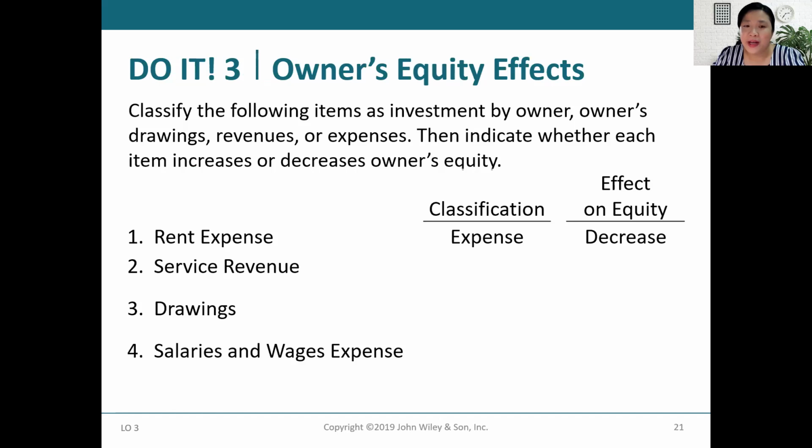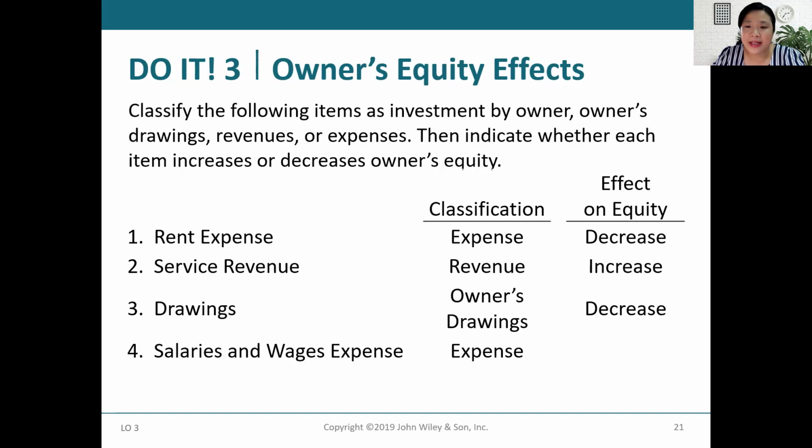And what happens to equity? It will increase the equity. And we have drawings. Drawing is classified as owner's drawing and it decreases owner equity. Salary and wages expense is classified as expense and decreases the owner equity.